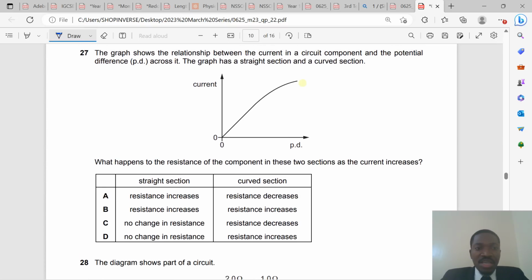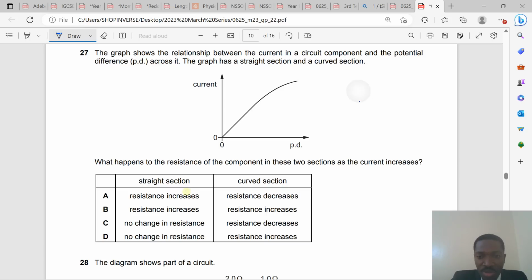Question 27. The graph shows the relationship between current in the circuit component and the potential difference across it. The graph has a straight section and a curved section. What happens to the resistance of the components in these two sections as the current increases? A, resistance increases. Why?